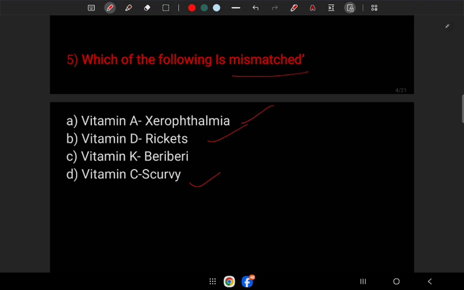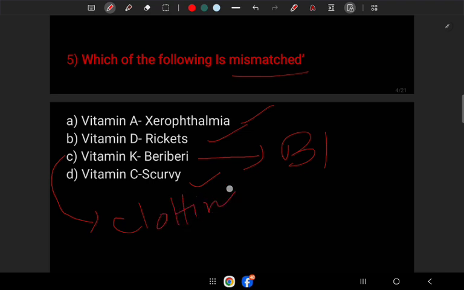Beriberi is caused by thiamine, that is vitamin B1. Clear? Vitamin K helps in blood clotting. So the wrongly matched answer is C.